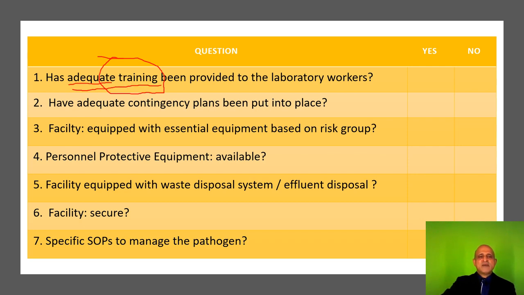You can refer to the specific definition for adequate in the CWA 15793 Laboratory Biorisk Management Manual. Adequate contingency plans. This relates to accidental spills. So if you have said yes and yes, the risk is significantly lower.